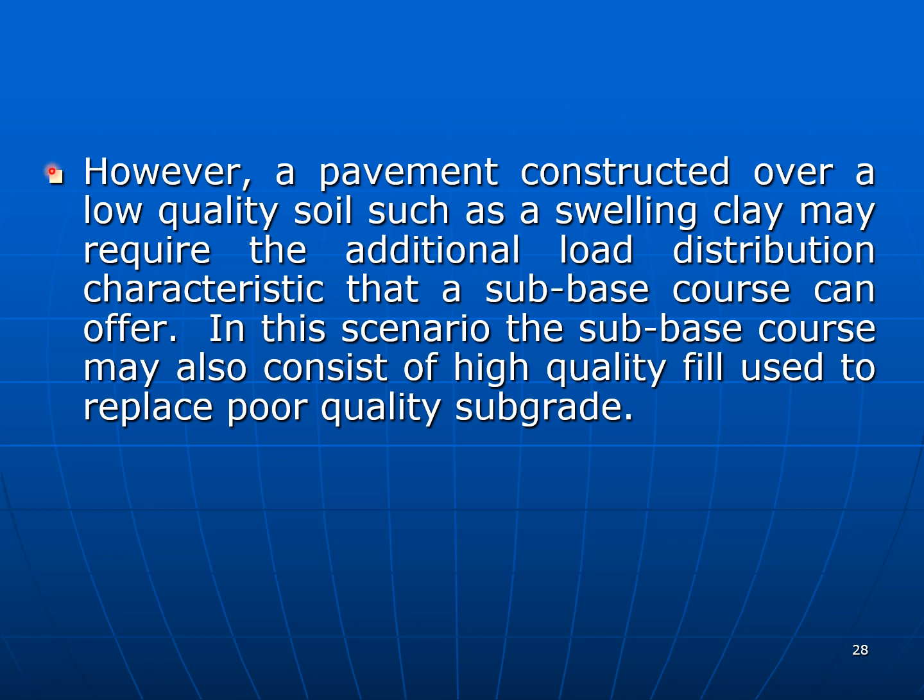However, a pavement constructed over a low-quality soil such as a swelling clay may require the additional load distribution characteristics that a sub-base course can offer. In this scenario, the sub-base course may also consist of high-quality fill used to replace poor-quality subgrade.